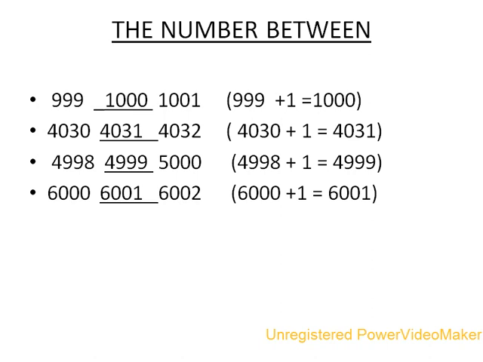Similarly, 4030. When you add 1, you will get the answer 4031, which is the successor of 4030. And it will act as the number between 4030 and 4032. So just add 1 to the first 4-digit number, and that answer will be the successor of the previous number and also the number between.